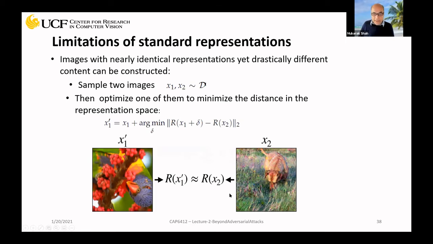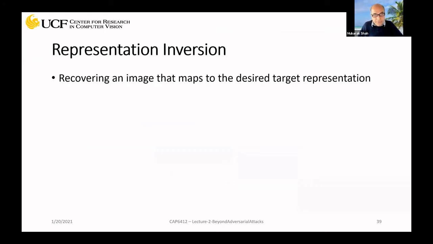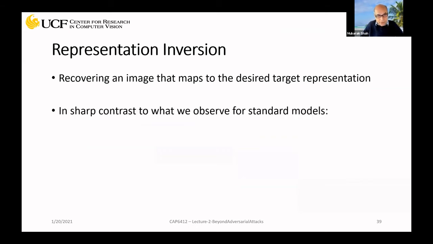In that layer, that particular neuron has the same values for these two images, but they are very different. So that's the problem. Representation inversion can recover an image that maps to the desired target representation.